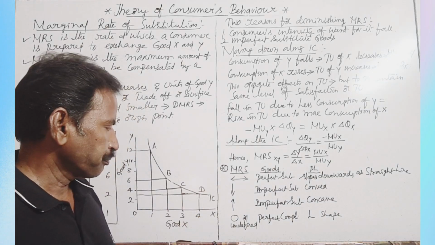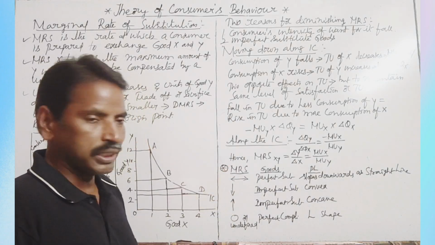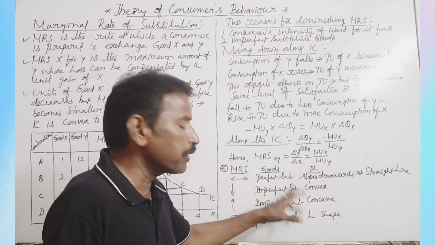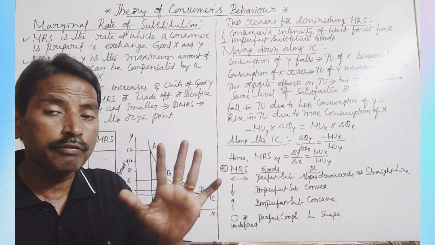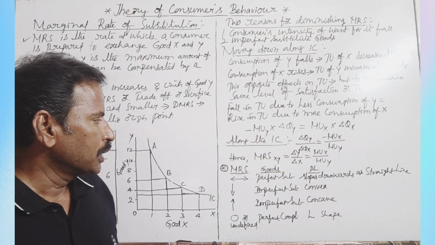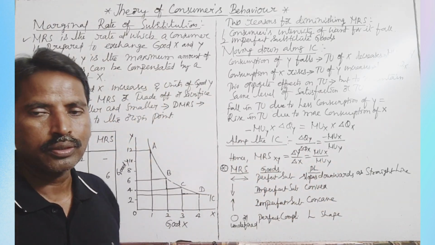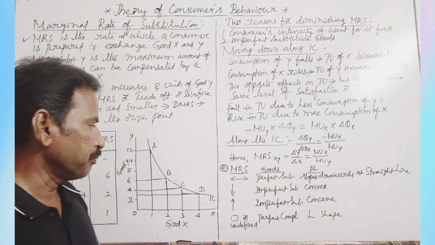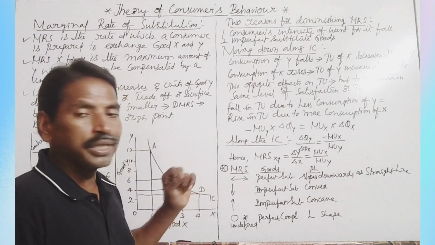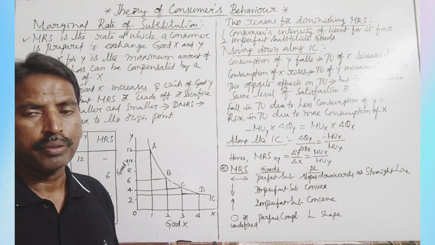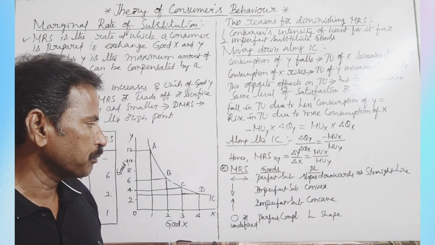Point number 2: MRS decreases or diminishes. Examples are imperfect substitutes, not perfect substitutes. The shape of the curve is convex to the origin. Point 3: MRS increases. Examples are imperfect substitutes, not perfect substitutes.